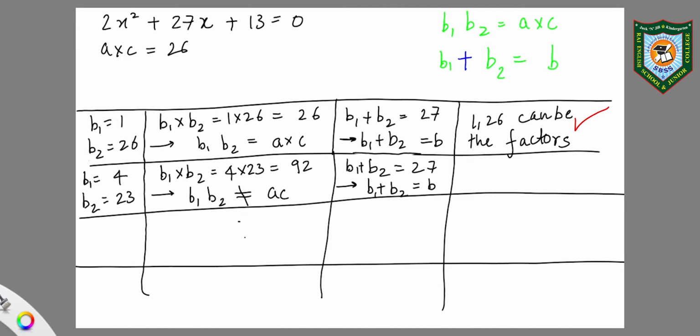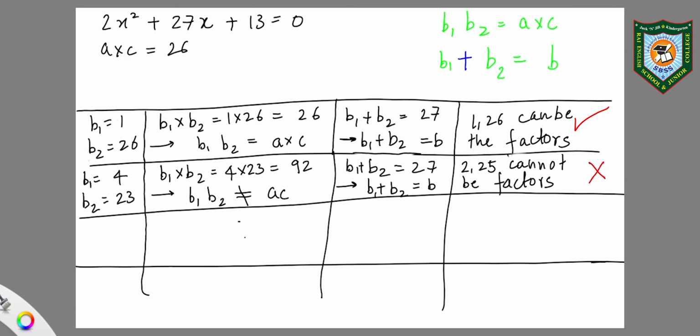Now as both the conditions are not satisfied, that means 4 comma 23 cannot be the factors. That means this is not possible.